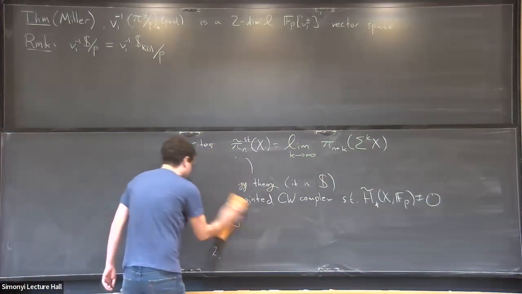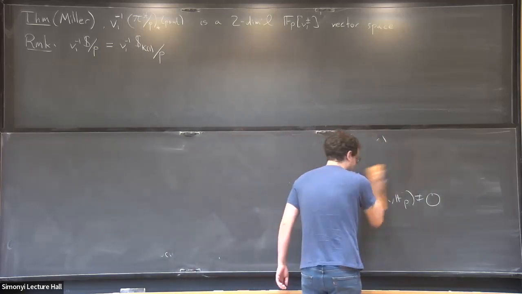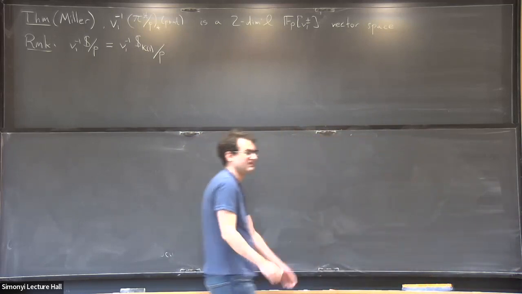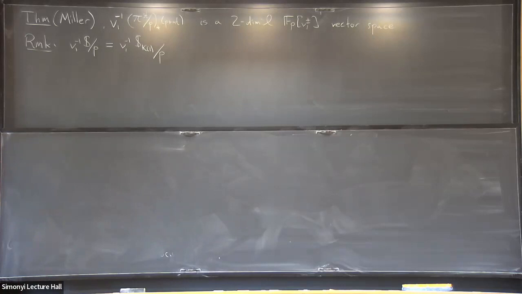But I don't want to study small answers. I really want to produce a lot of elements in the stable homotopy groups of spheres. And we just said that they're all going to be V1 power torsion. So there's a sort of next step.